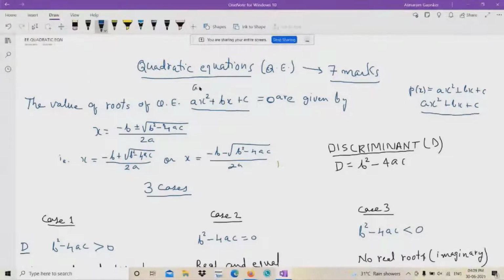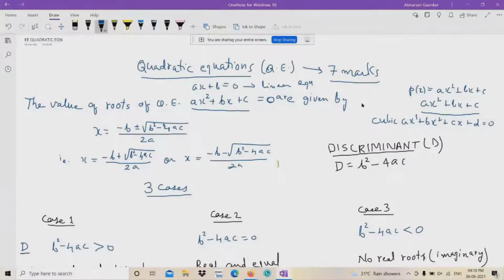Suppose if we have ax plus b is equal to 0, then this is a linear equation. And suppose if you have the equation as ax cube plus bx square plus cx plus d is equal to 0, this is a cubic equation. But in this topic, we will study quadratic equations.